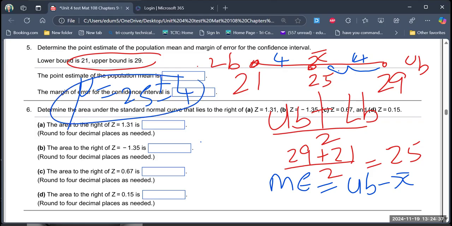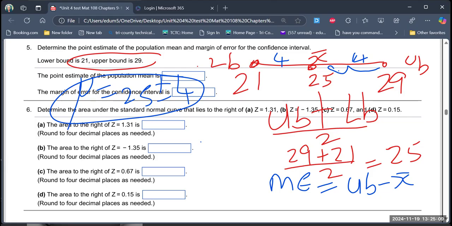You will say, I am 90% confident that the mean of the population is 25 plus or minus 4. Or you can say it lies between 21 and 29. I don't know what the mean of the population is, but I know that it lies somewhere from the lower bound to the upper bound.